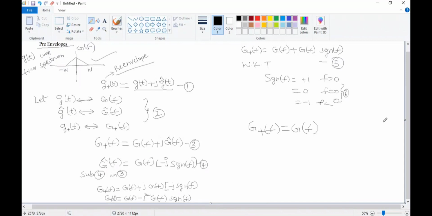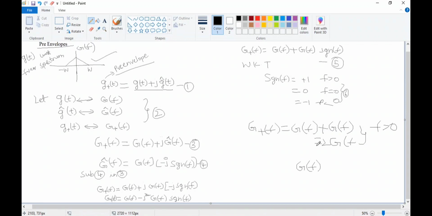When f is greater than 0, the signum function value is 1. 1 into G of f will become G of f, which is nothing but 2 G of f. This is all for f greater than 0. Now, when f is equal to 0, the signum function is 0.